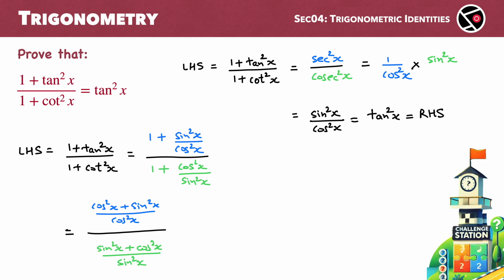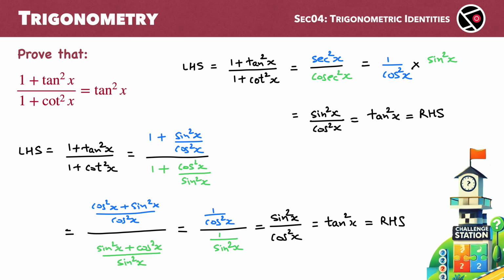Sin square x plus cos square x is 1. This gives us sin square x by cos square x, which is again tan square x, our right hand side. We are done.